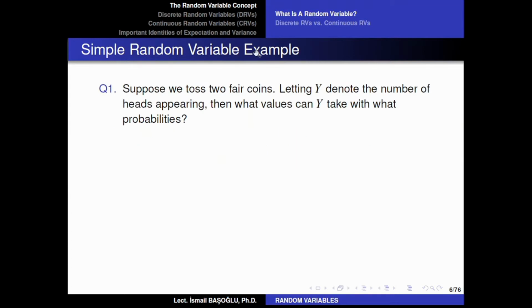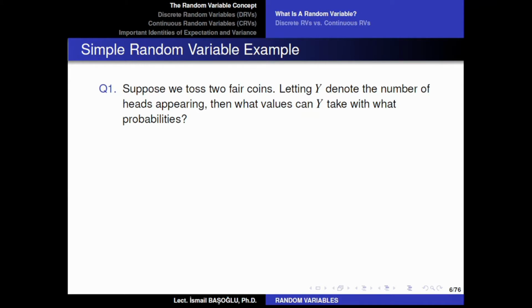So suppose we toss two fair coins and we denote Y as the number of heads appearing. Y is the number of heads appearing in two fair coin tosses. So if you toss two fair coins, what is the minimum possible value for the number of heads appearing?